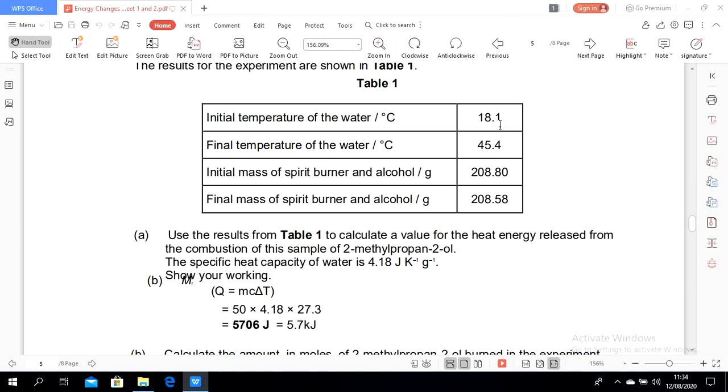And then 45.4 plus 273 will become 318.4. So here, if we calculate the difference between the Kelvin and the Celsius, it will produce the same number. Okay, so it is not necessary to convert into Kelvin because we need only the difference. The difference in Celsius is the same as the difference in Kelvin.